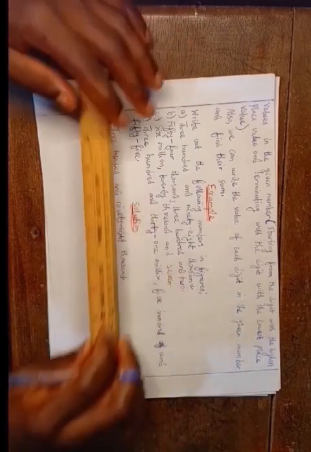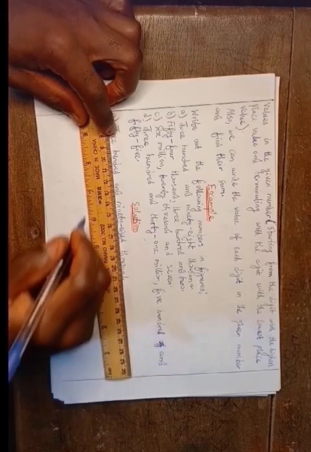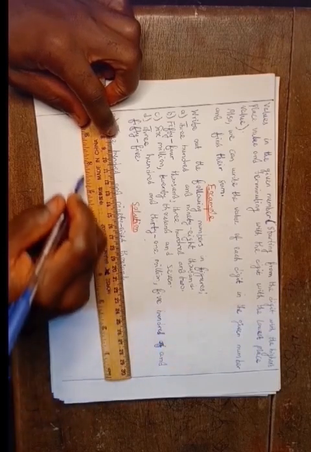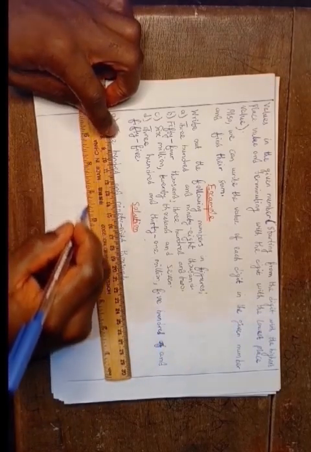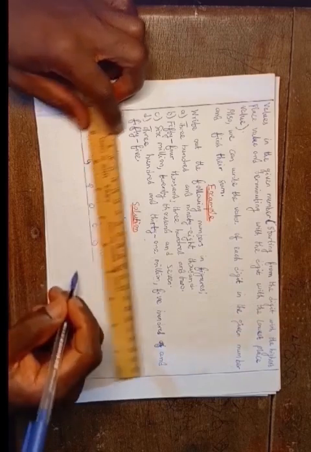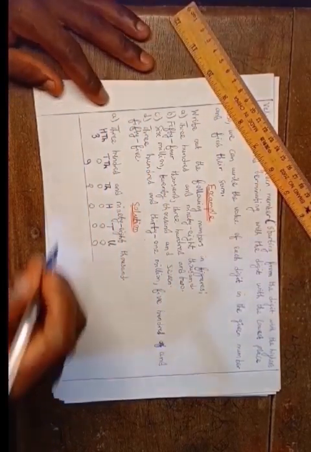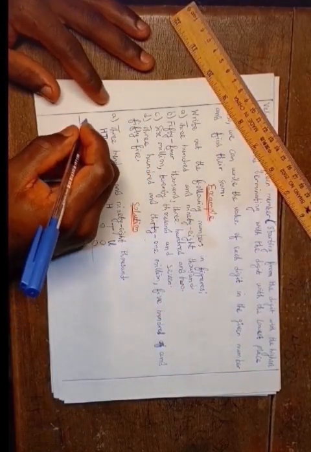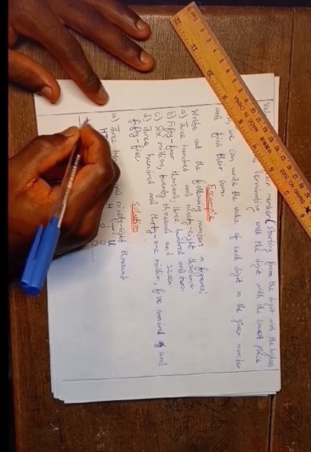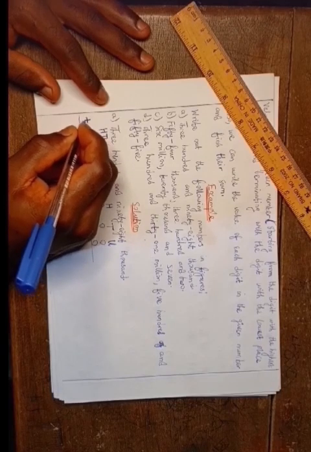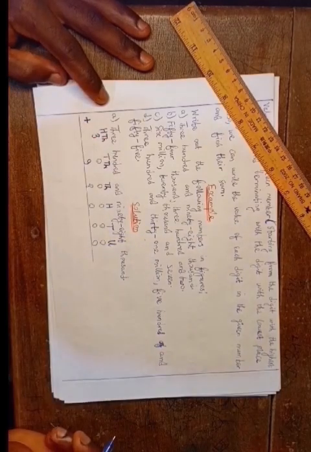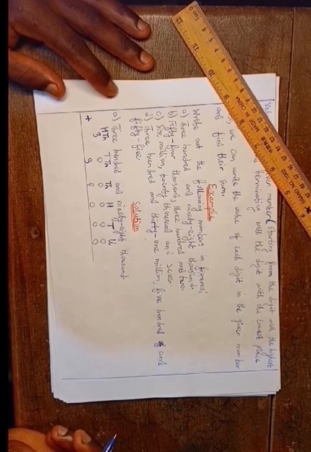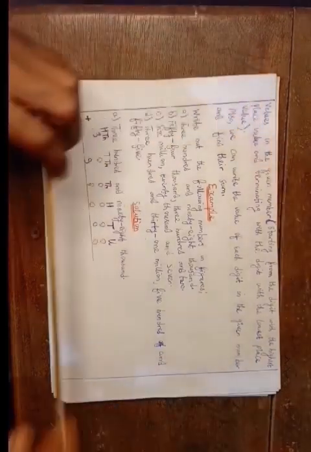Then we use our ruler. We rule a line as such, a horizontal line. Then here we fix this symbol, which looks like a cross. This symbol is called the addition sign.